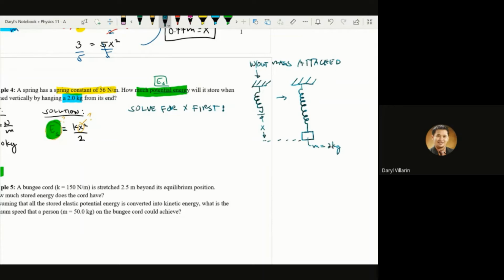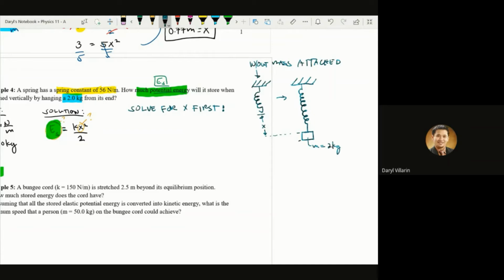I'm just going to use this part here as the basis. So that would be my X, because it is now originally without the mass. The form of your spring is something like this, and now with the mass, it gives you this.